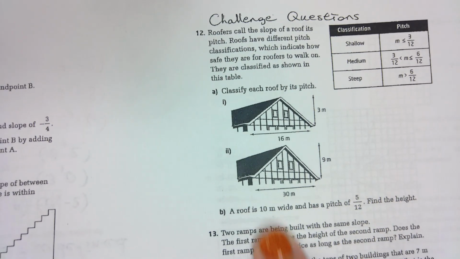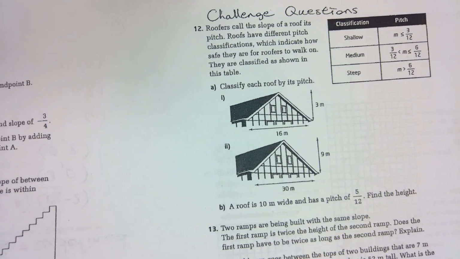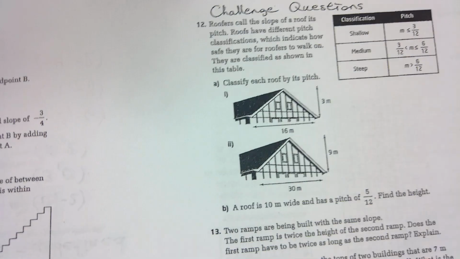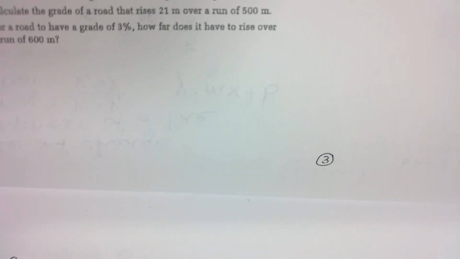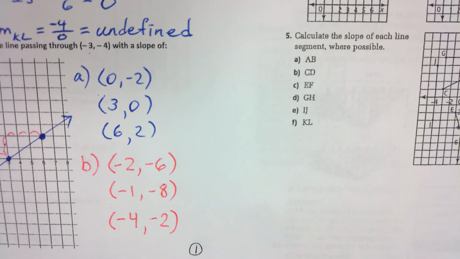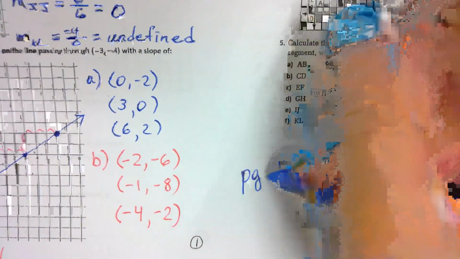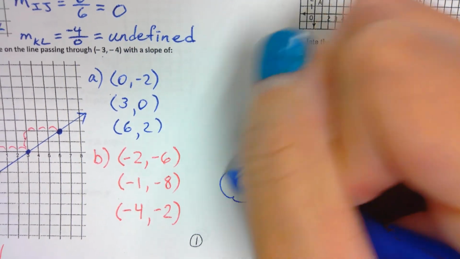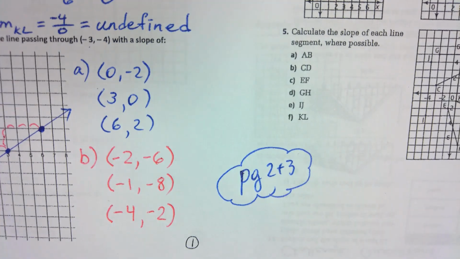These challenge questions, you don't have to do, but only if you want to challenge yourself. But the minimum that you have to do is page 2 and 3. All right, so I'll write it down. Page 2 and 3. Okay, so let's work on those.